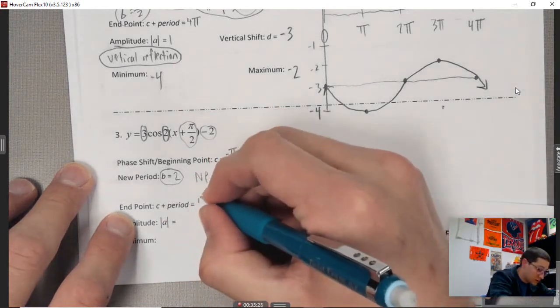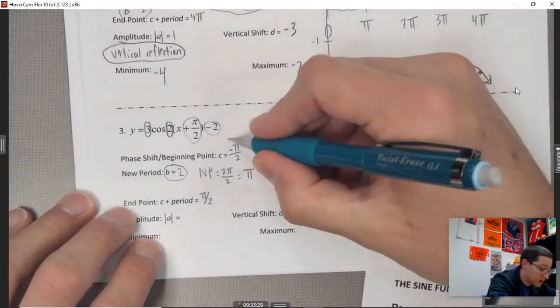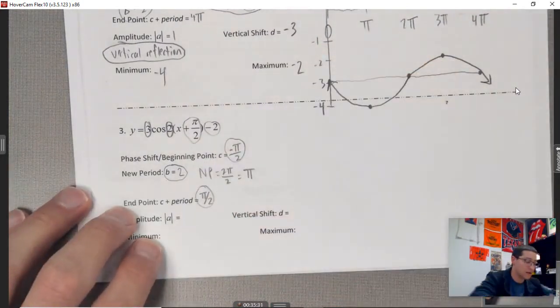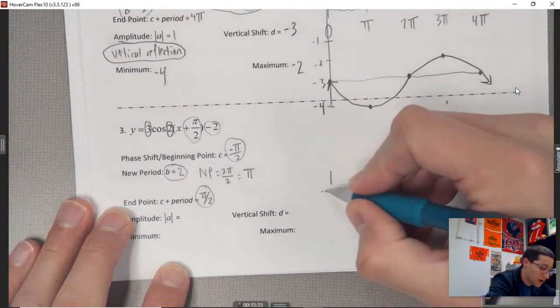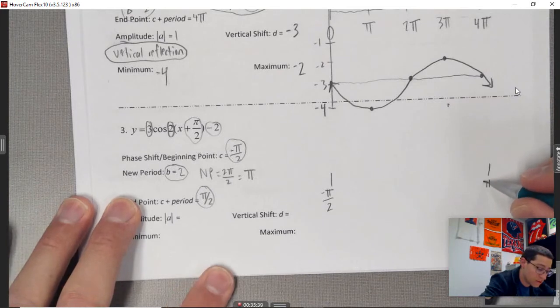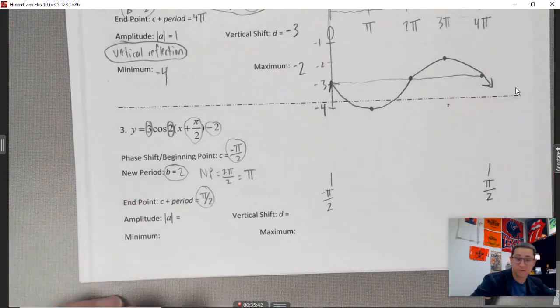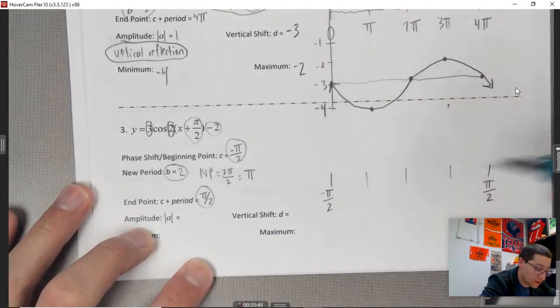So it's just going to be pi over 2. I have my start and my end now, so let's just go ahead and do that. Starting value, negative pi over 2. End value, pi over 2. Good so far. Let's go ahead and get these other three.